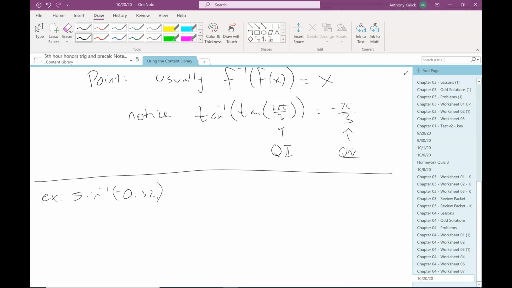What do we do instead? Well, how did we do sine of like 37 degrees? That's not a unit circle angle. Didn't you just use your calculator? What do you think we're going to do in this case? We're just going to use our calculator.